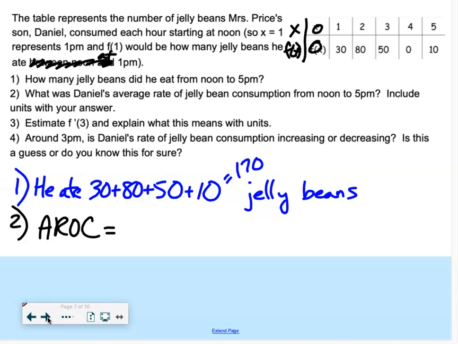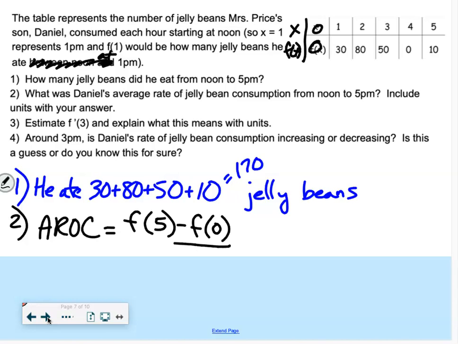Yep, from noon to 5, so from 0 to 5. But that's not 2 beans per hour.